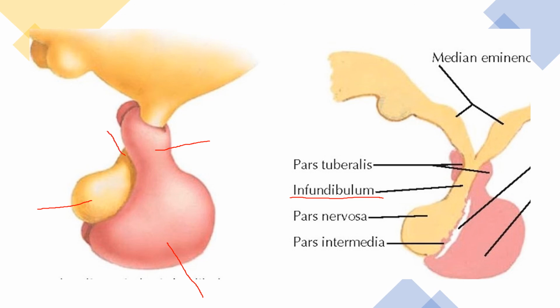Between these two a cleft can be seen, called the intraglandular cleft, and the posterior lobe rests over the pars intermedia, that is, the pars intermedia separates the pars anterior and pars posterior. So the mature pituitary gland looks like this.